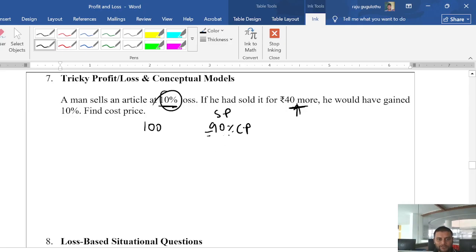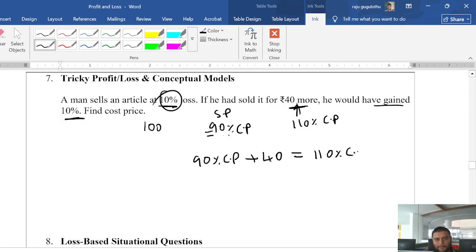So the question says 90% of CP is the old selling price plus 40 rupees more, that is a new situation, that will be giving us, he would have gained 10%, that will be giving us 10% more. So that is 10% more, means you are going to have 110 percentage of CP here.